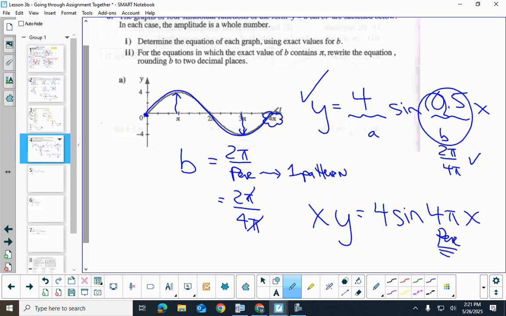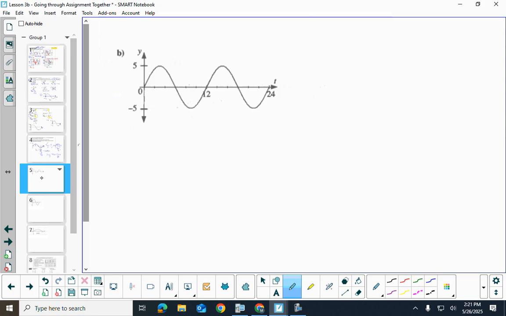Okay, let's do 3 more. Now remember, you only want to look at one pattern. One pattern. So this picture gave you two patterns. So I only care about that.